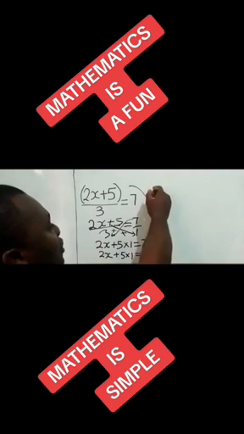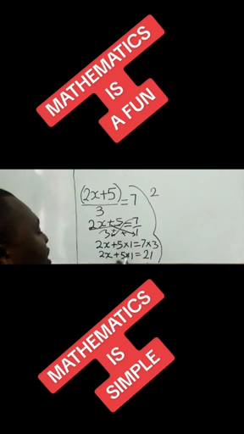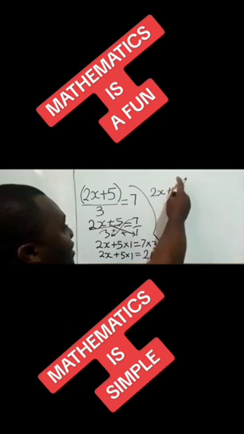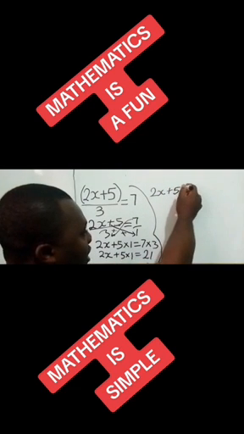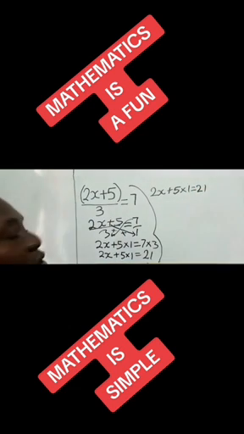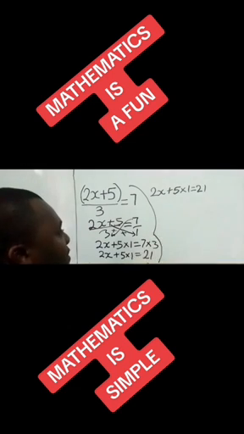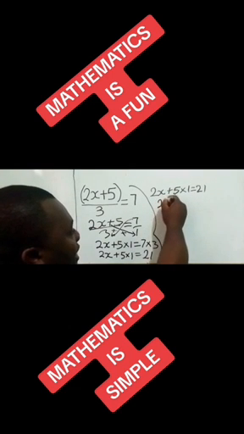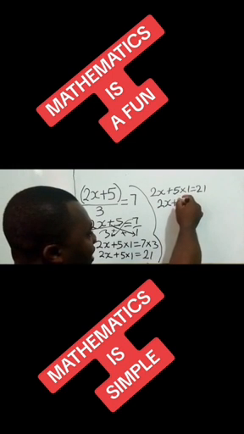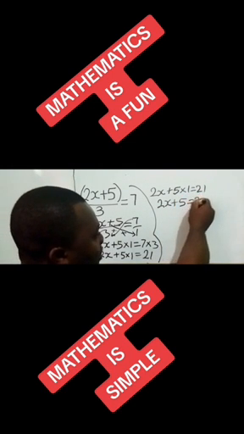So we are going to have 2s plus 5 times 1 equal to 21. So now these 2s will be like this: 2s plus 5 times 1, which is the same as 5, equal to 21.